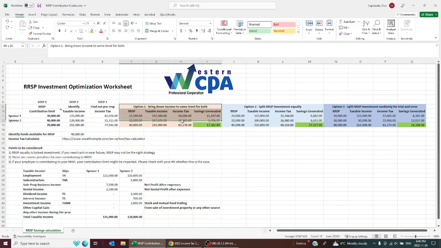Again, option one should usually yield the best savings compared to the other options, but you can try and figure things out. This is just for your convenience and to save time for us during the busy season because everybody's asking the same question. How much is my savings and how much should I put in my RRSP and whatnot? You can play around here with this website, finding the tax rates and tax amount, and then make your own decision.